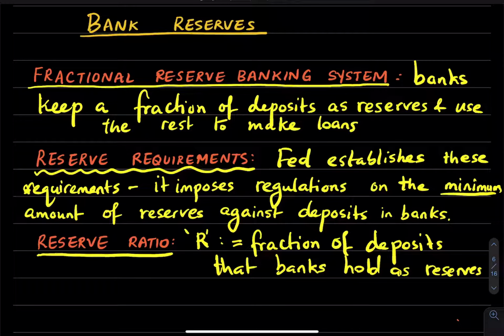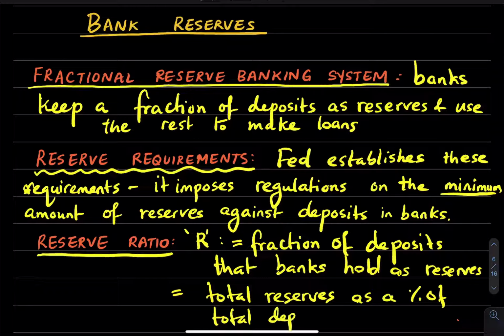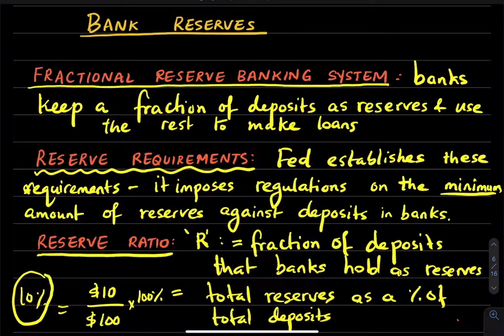So this is equal to the total reserves as a percentage of total deposits, which is to say, in the previous example, the $10, which was the bank's reserves, divided by the total deposit, which was $100, times 100%, which is just 10%. So the reserve ratio in the previous example was 10%.